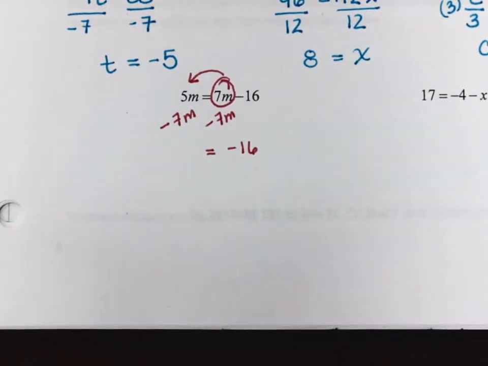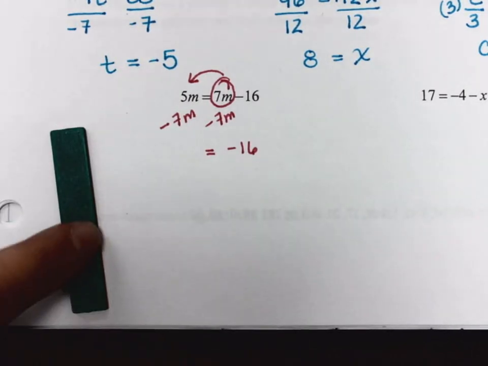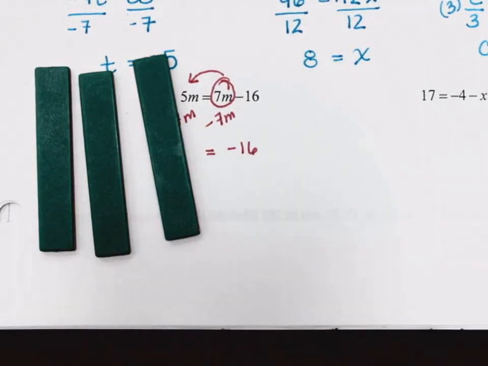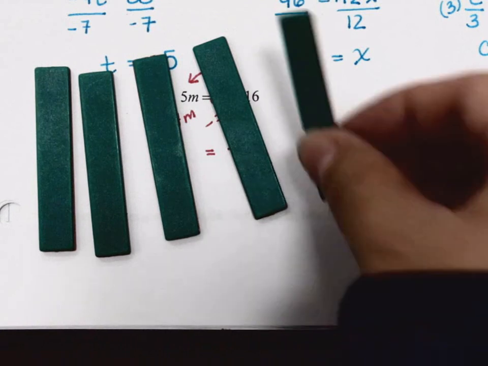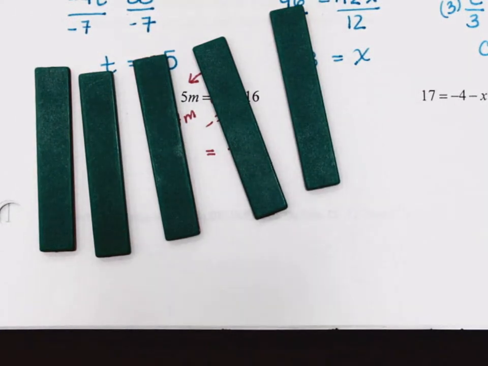If I get my algebra tiles out again, I don't know if I have enough. Did you grab 2 packs? Oh. All right, so I have a positive 5. 1, 2, 3, 4, 5.